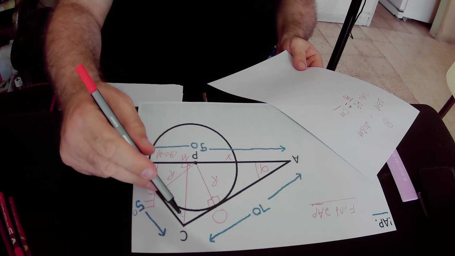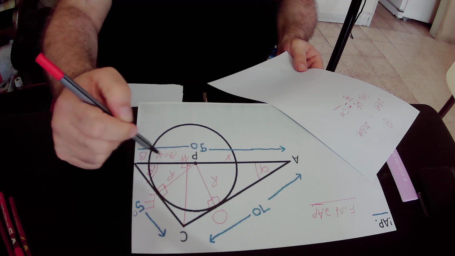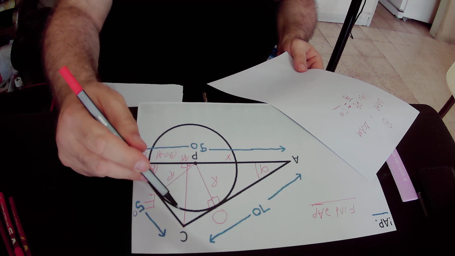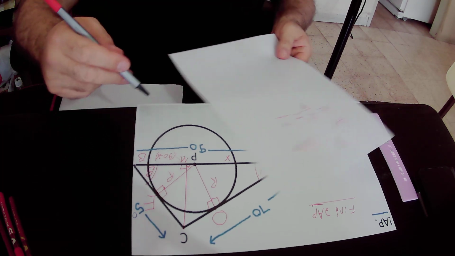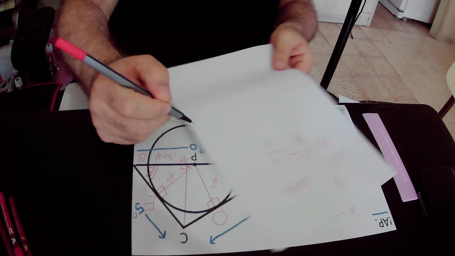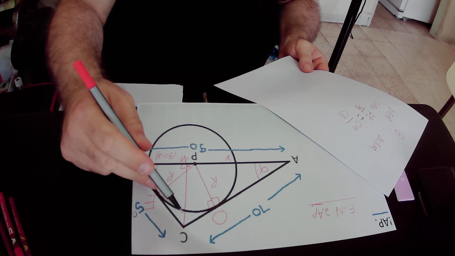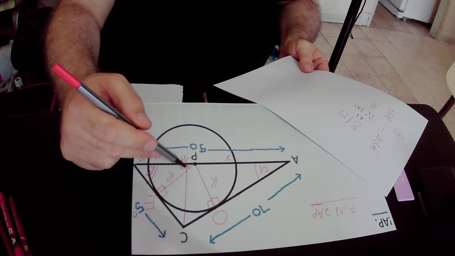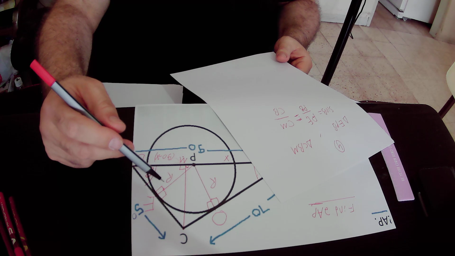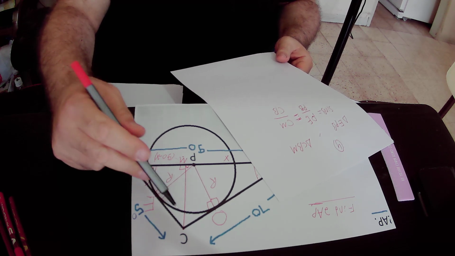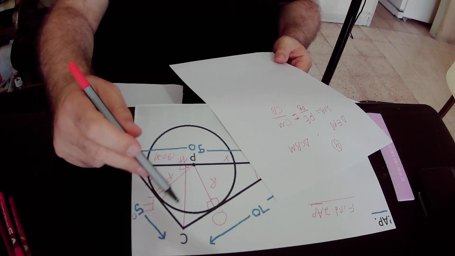As you can see from the picture, CM is perpendicular to MB. So the hypotenuse of triangle CMB is CB. So it is CM over CB.